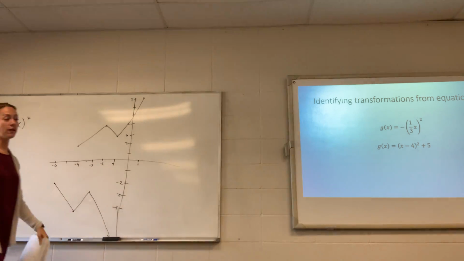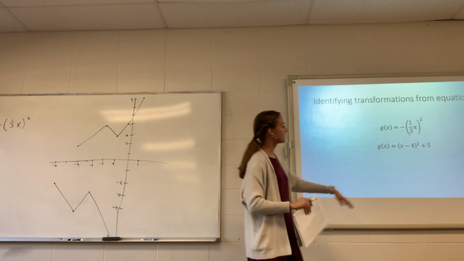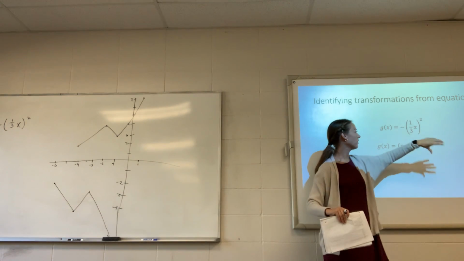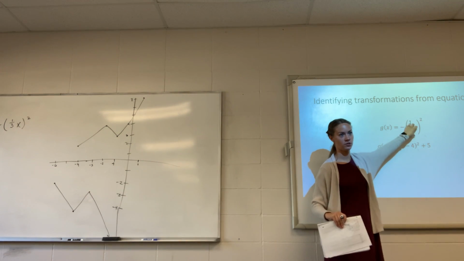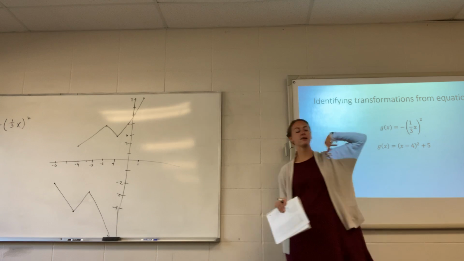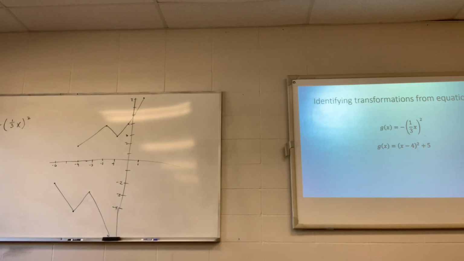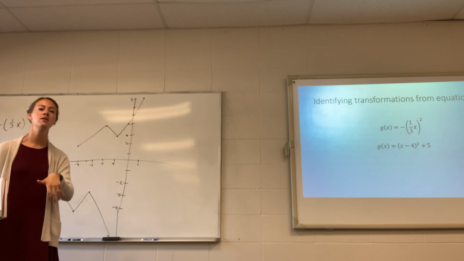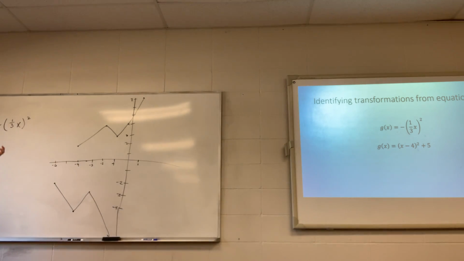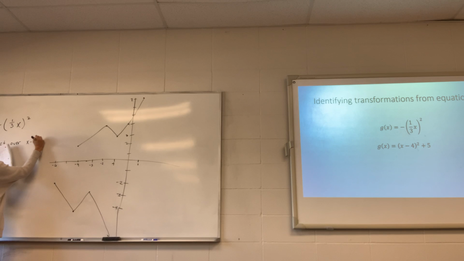Okay, so I like that we're reflecting, but since the negative is out front of everything and it's not in these parentheses with just the x, what axis should I actually go over? Haley, what do you think? Yeah, it's gonna go over the x-axis. So anytime the negative is out front of everything, it's the x-axis. When the negative is in with just the x, it's the y-axis, okay? So I'm gonna reflect over my x-axis.